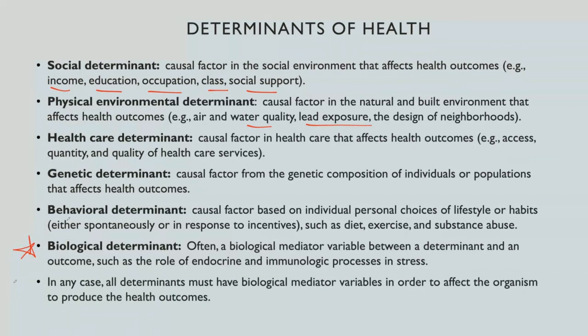And behavioral: smoking, eating different things, using alcohol, drugs, etc. Now, all of these behavioral, genetic, healthcare factors need to have an effect on our biology and alter the biology of the body to produce disease. For example, alteration in the endocrine system, immune system, nervous system, cardiovascular system, as a result of all of these determinants.